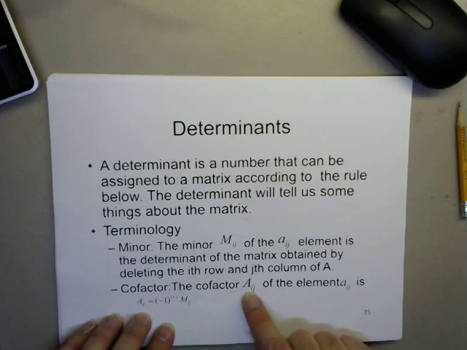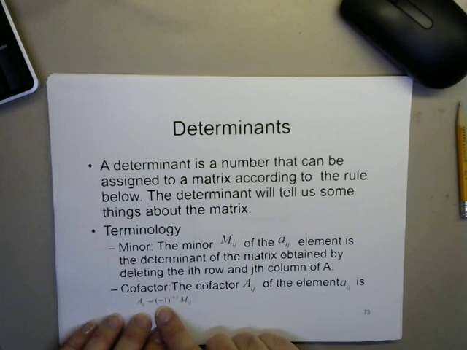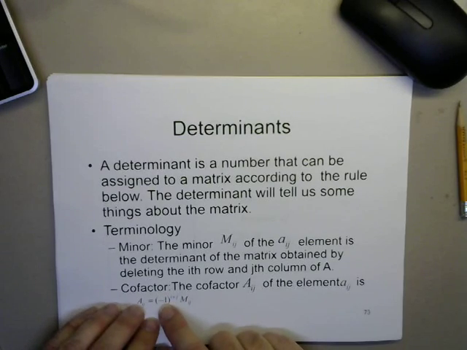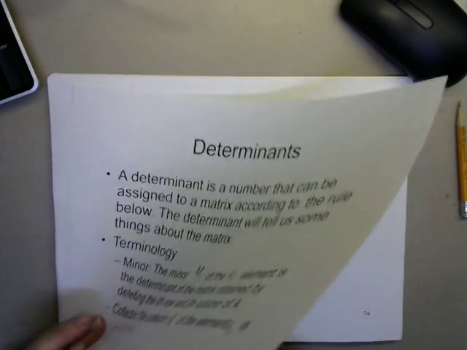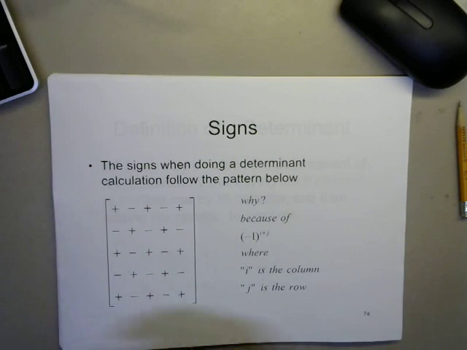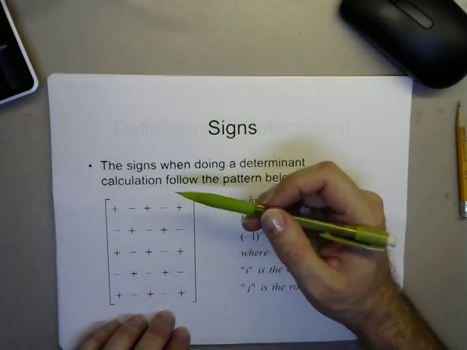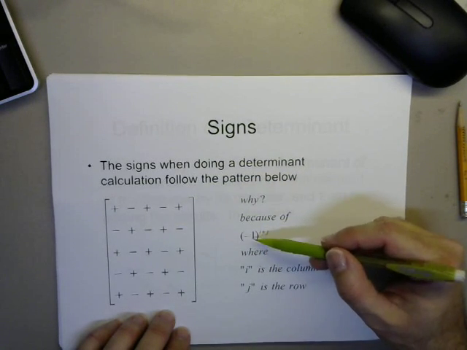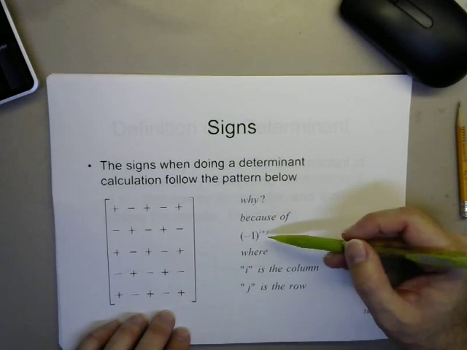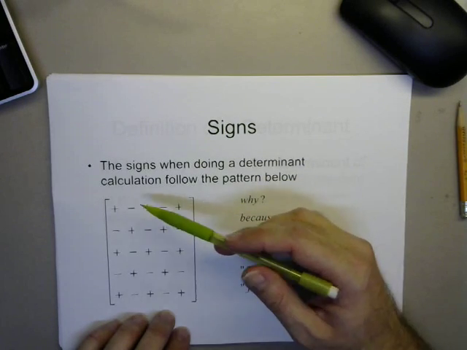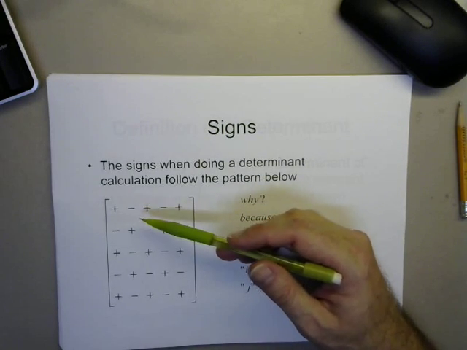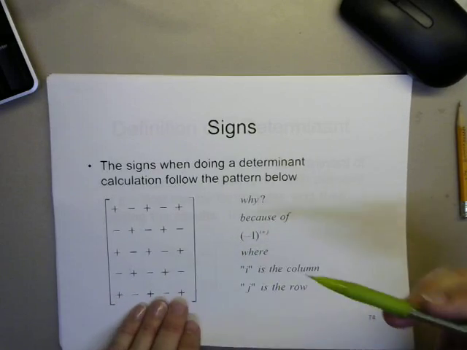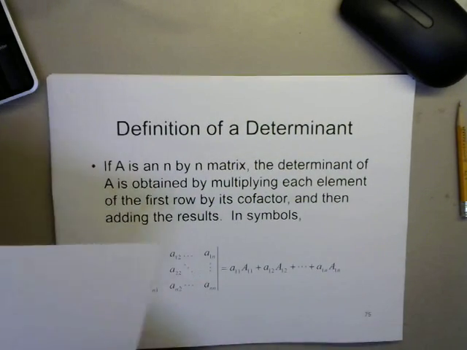And then the cofactor is basically what you multiply the minor by, and that's essentially (-1) to the i plus j. So you'll see that you might get some alternation in the sign here. So, like I said, when you're calculating determinants, basically you're raising -1 to the i plus j, where you've got a particular row and column, so you're multiplying the particular minor by either a positive or negative, depending on what row and column it's in.